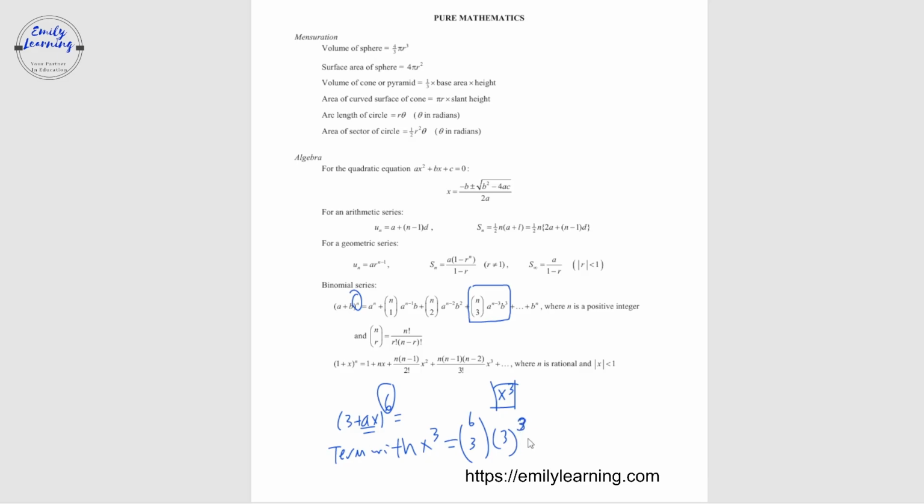Then b is ax to the power of 3. All right, so let's do it in our question paper. The term with x cubed is 6 choose 3, 3 to the power of 3, (ax) cubed.